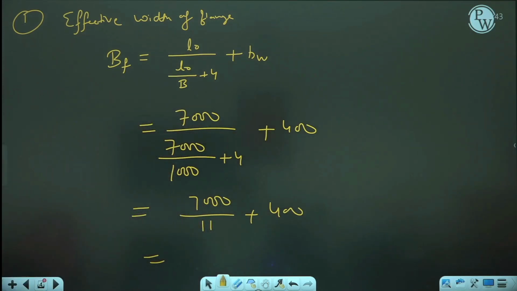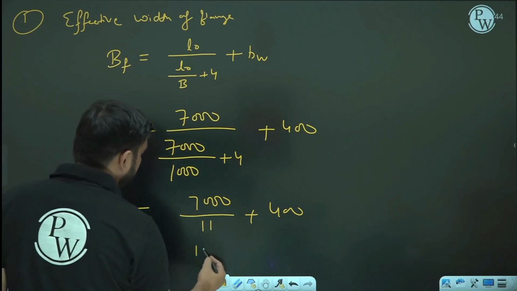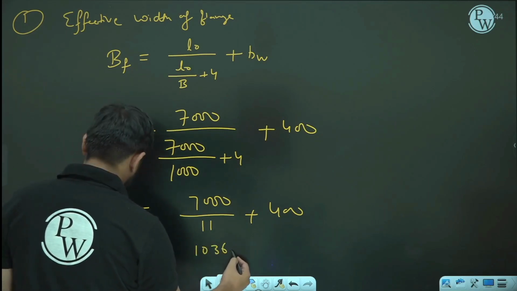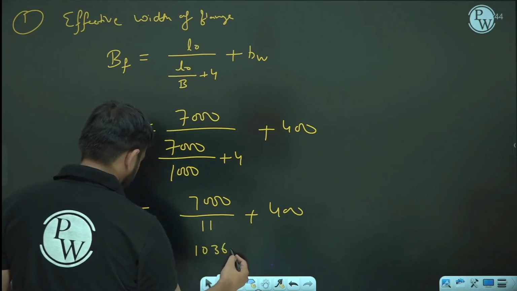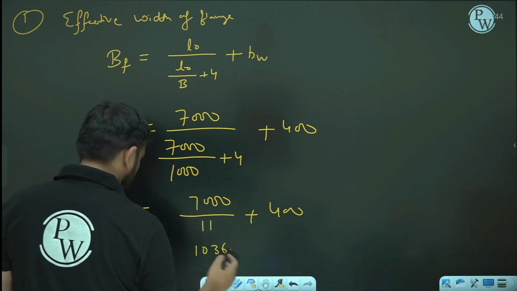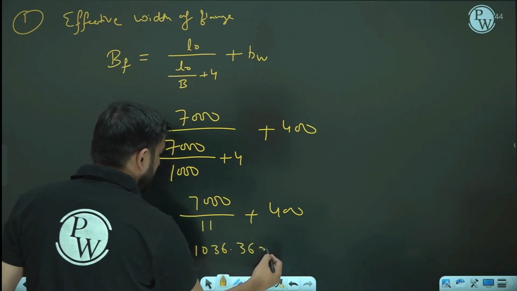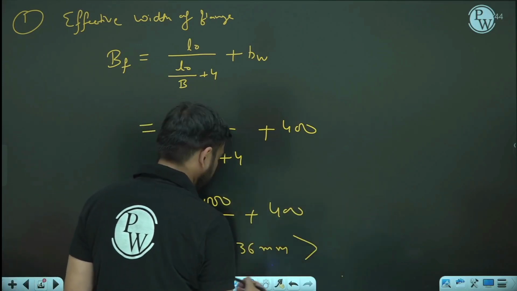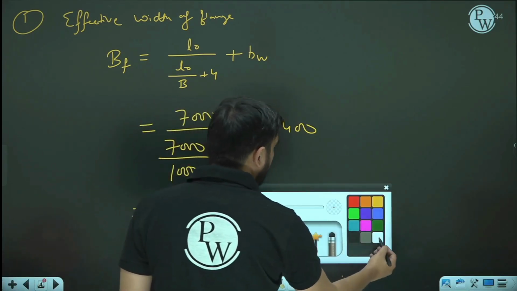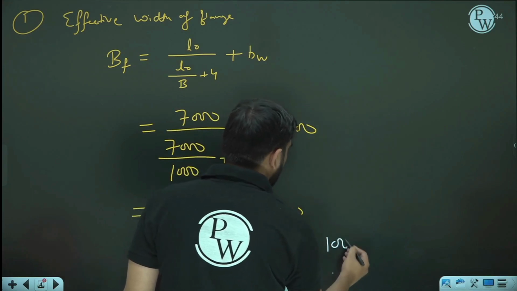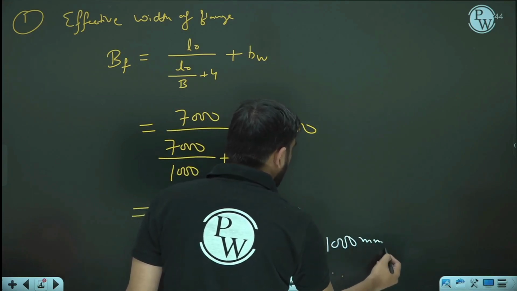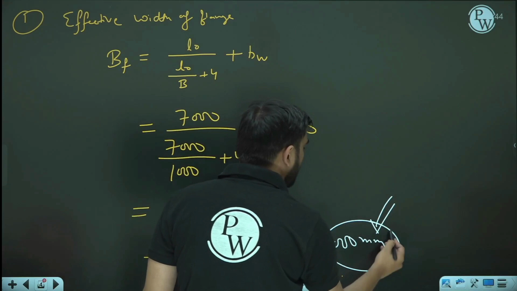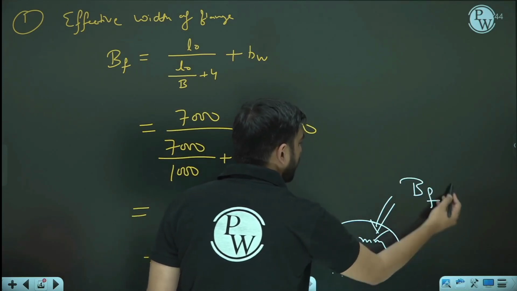So it is coming out to be 1036 point something, and it is greater than, my dear friends, how much? It is greater than 1000. 1000 is the given width of the flange. So we will be considering this 1000 mm as our effective width of the flange.